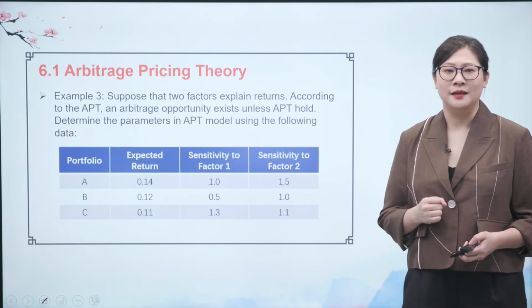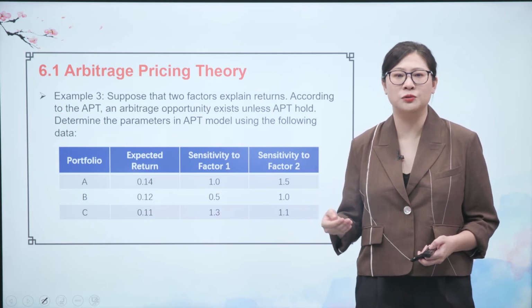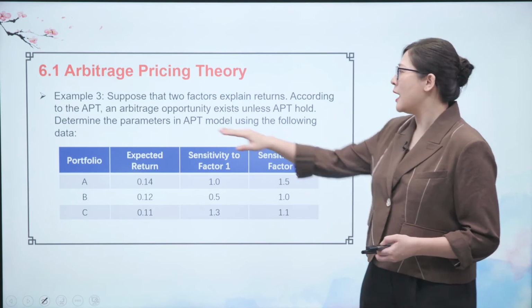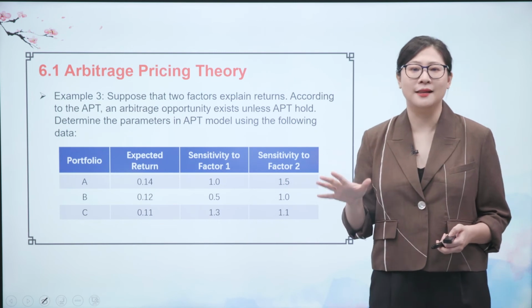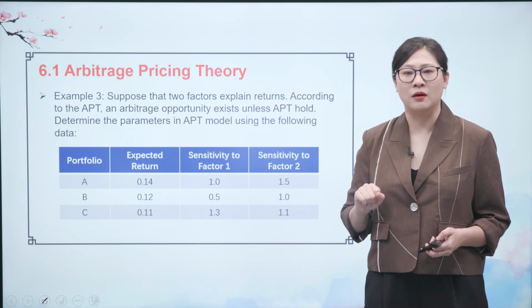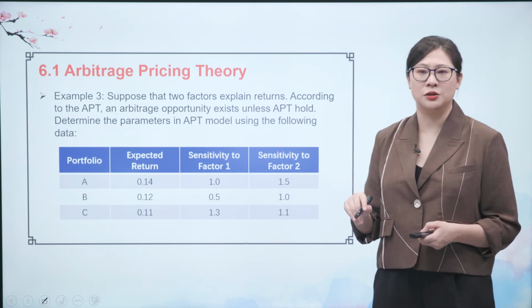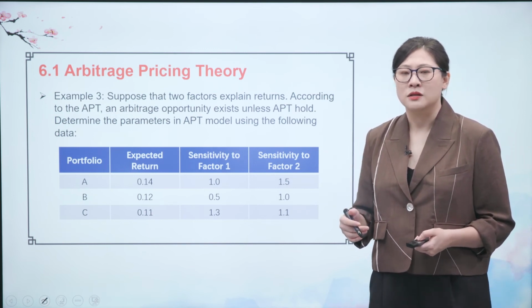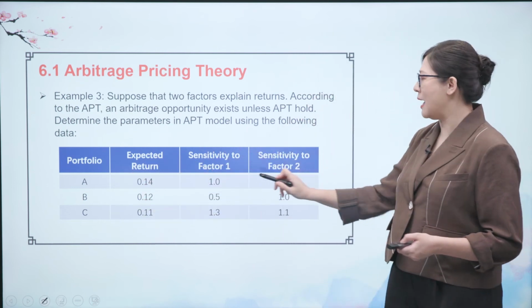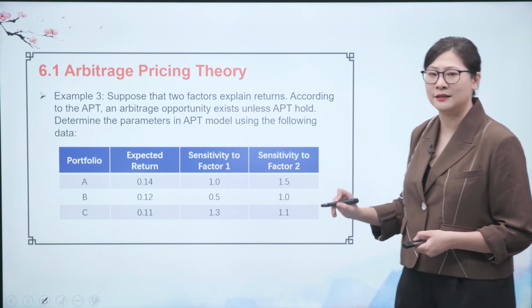Now let's have a look at example 3. For example 3, we suppose that there are two factors explaining the return. And according to the APT model, an arbitrage opportunity exists unless the APT holds. So determine the parameters in the APT model using the following data. We have three different portfolios, and we also have two different factors. Solving that with APT is quite simple.